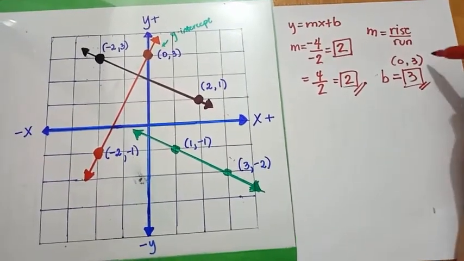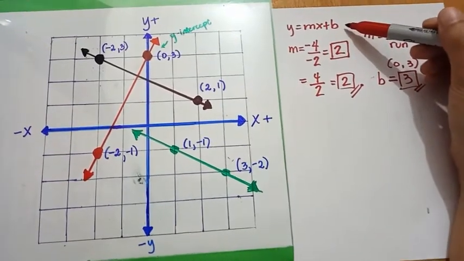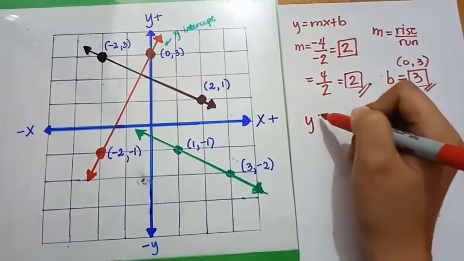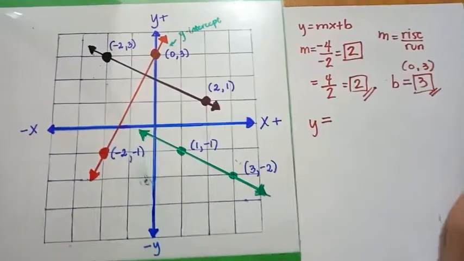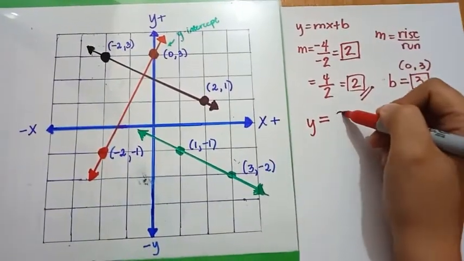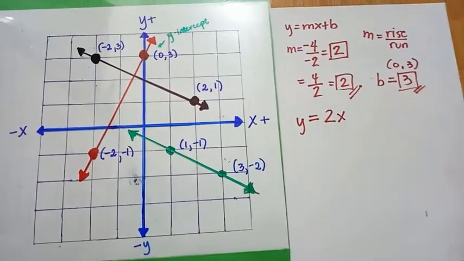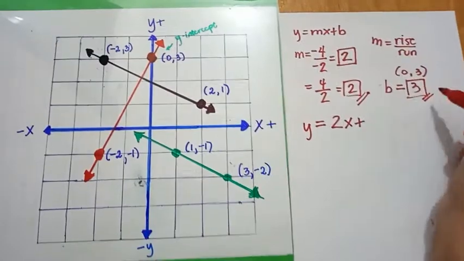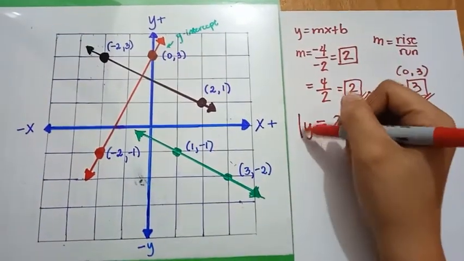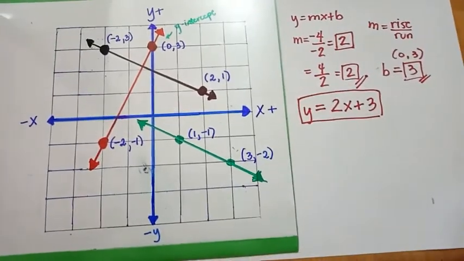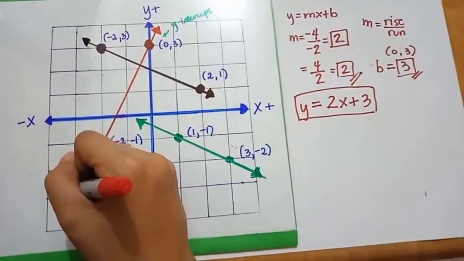Now, applying our formula y equals mx plus b, the answer will be y equals our slope, which is 2. Then, don't forget to write x plus b, which is 3. Therefore, our equation will be y equals 2x plus 3.